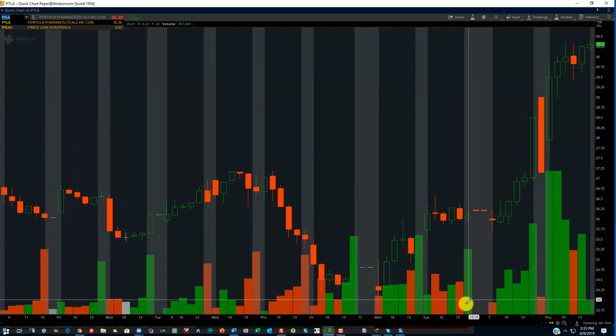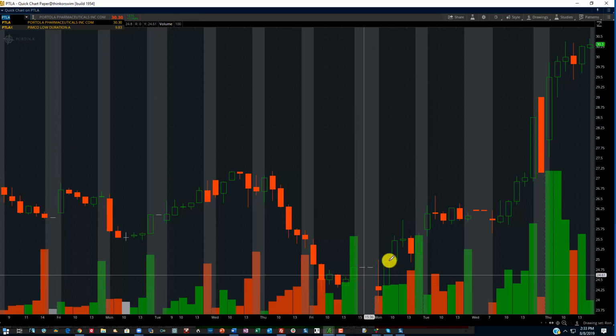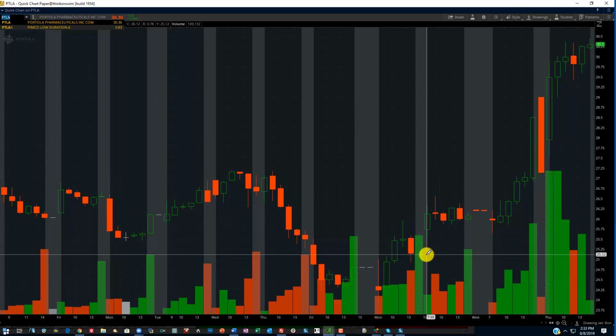When we're talking about fractals, we're talking about charts being built from the inside out. In other words, the lower time frame is the first indication that a stock or an ETF may be changing direction.